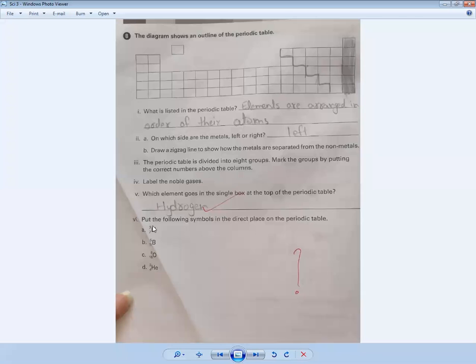According to their atomic number, which is written on the top left side of the element: lithium atomic number is 3, boron atomic number is 5, oxygen atomic number is 8, and helium atomic number is 2. So you have to see these atomic numbers in the periodic table.